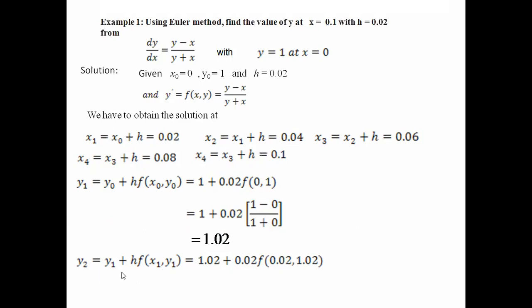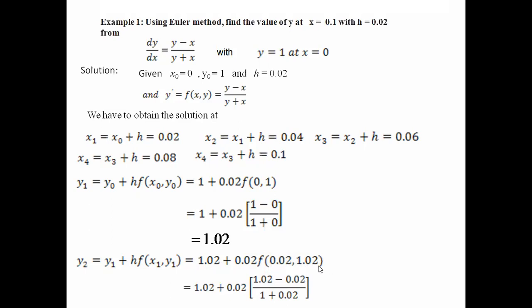So this is nothing but y1, which is 1.02, plus h is 0.02, times f of x1, y1. X1 is 0.02, so the point is (0.02, 1.02). But f of x, y for this problem is related under the relation (y minus x) divided by (y plus x). We use this relation.